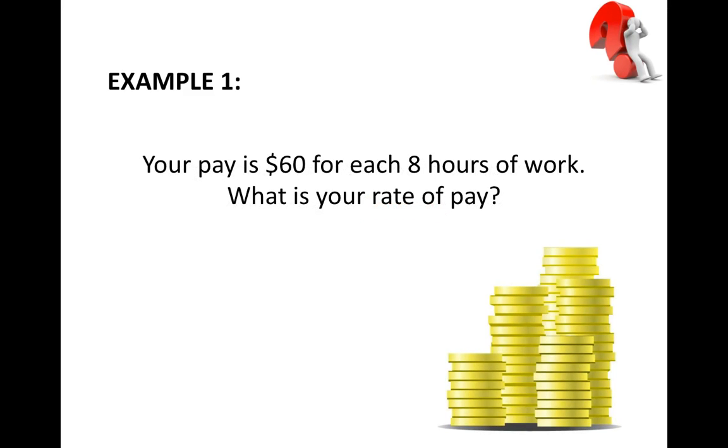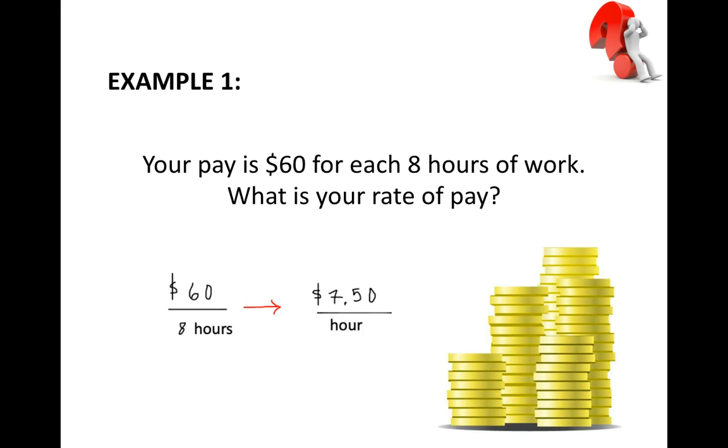Let's take a look at this simple example. If you were told that your pay is $60 for 8 hours of pay, and if I were to ask you, so what is your rate of pay? How much are you being paid? Most of you would just naturally know what to do. You'd start by saying, well, I'm making $60 and that's in 8 hours. So if I divide the 60 by 8, I will get $7.50, which means that my rate of pay is $7.50 an hour.